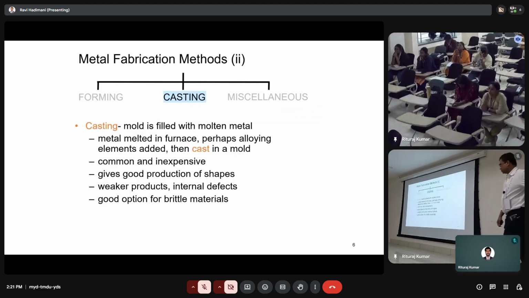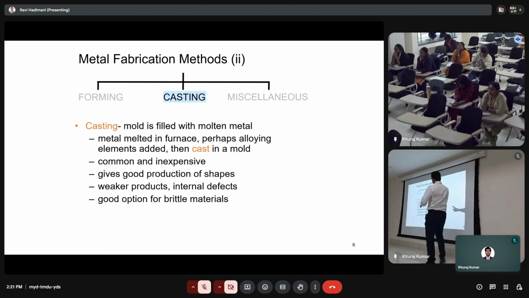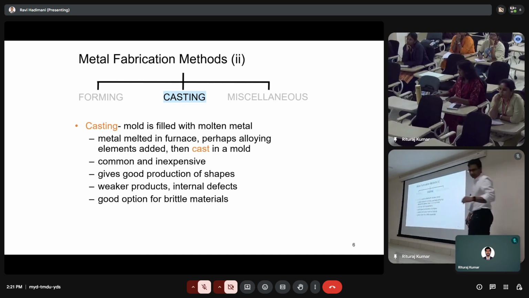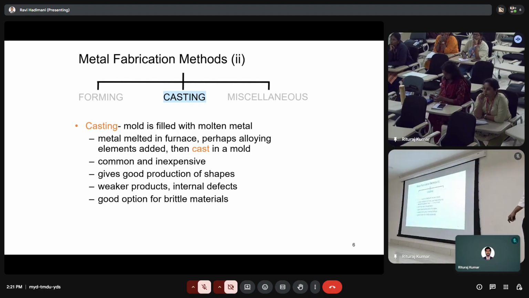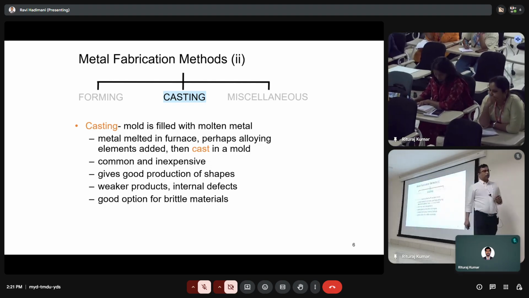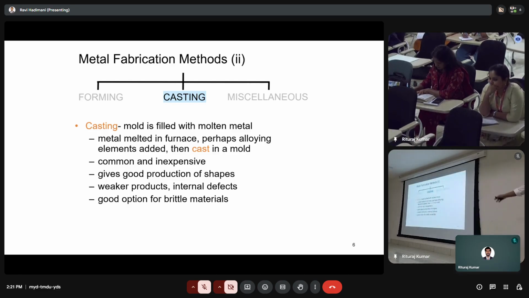Now let's go to another type of fabrication or forming method, which is called casting. In casting, you basically have a mold and you fill that mold. These are inexpensive. You fill the mold and remove the mold, and you get a certain shape.